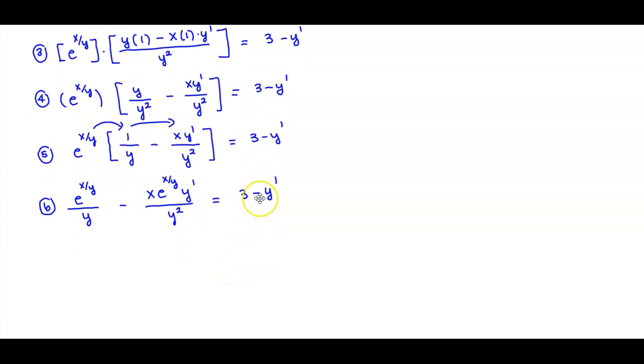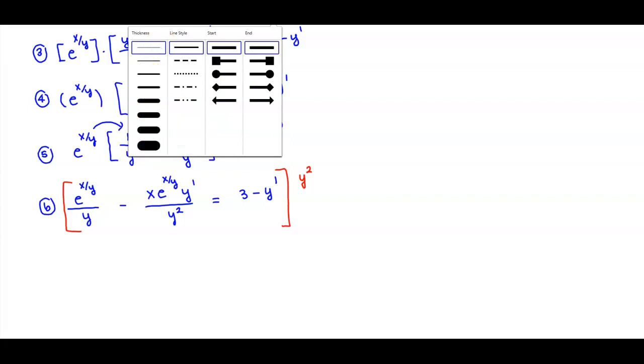Okay, our goal is to eventually get our y primes on one side. If we want to eliminate the denominator, when you think about fractional equations, we can multiply everything by the LCD, which is going to be y squared. So if we multiply everything by y squared, we get the following.